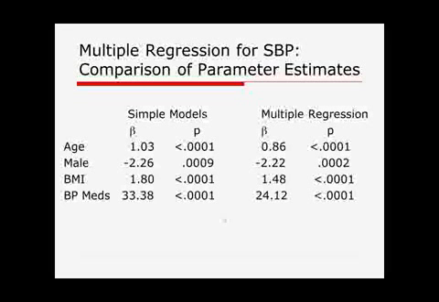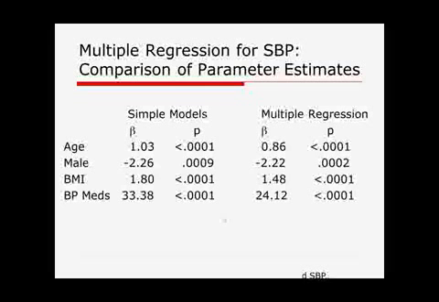So the right-hand side of this slide is the result of a multiple regression equation where I have one equation and I've entered into it as predictors age, sex, BMI, and blood pressure meds all at once. So now notice that the regression coefficients, the slopes, change a little bit because each of those now is estimated in the presence of the other variables. So what's happened now to the association between blood pressure meds and blood pressure?